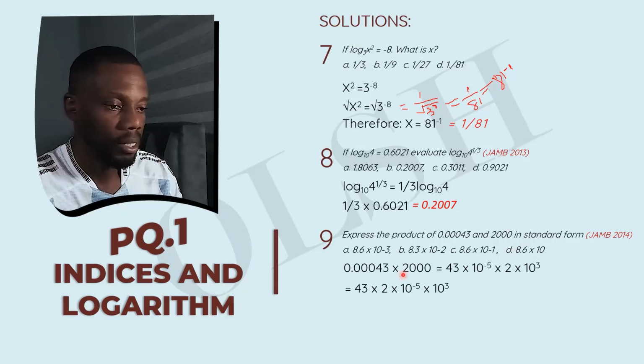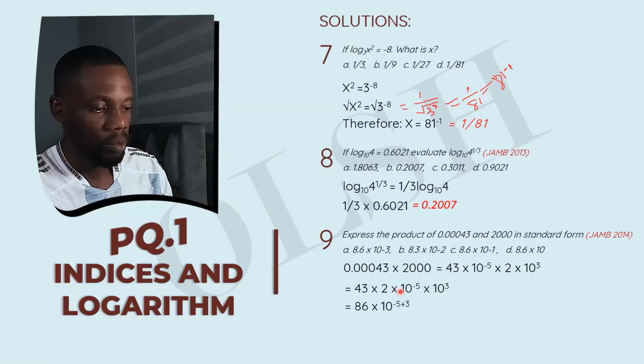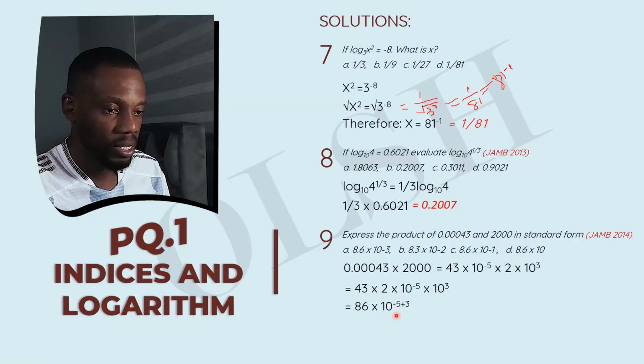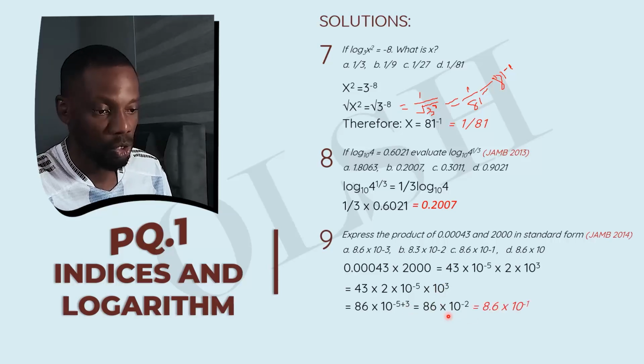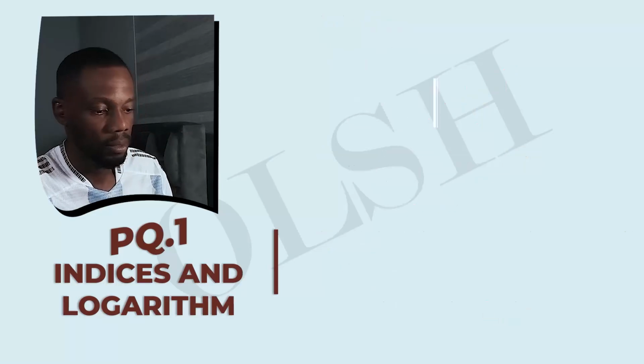So we can collect like terms, and what we're going to have would be 43 times 2 times 10 raised to the power minus 5 times 10 raised to the power 3. If we simplify this, we have 86 times 10 raised to the power minus 5 plus 3, which will give us 86 times 10 raised to the power minus 2, and that will give us 8.6 times 10 raised to the power minus 1, which is this. So we have this as our answer.